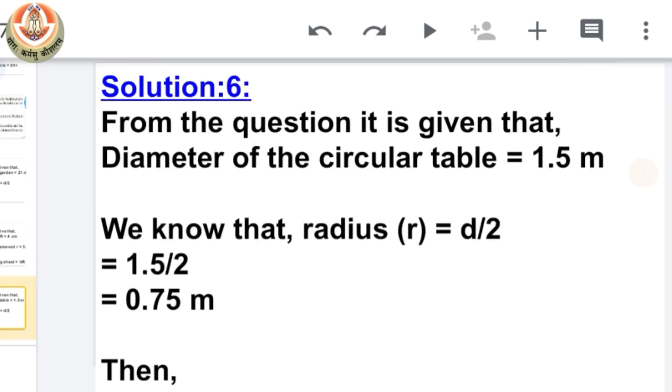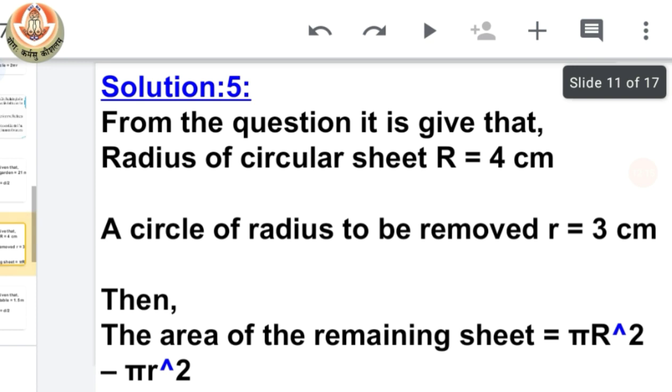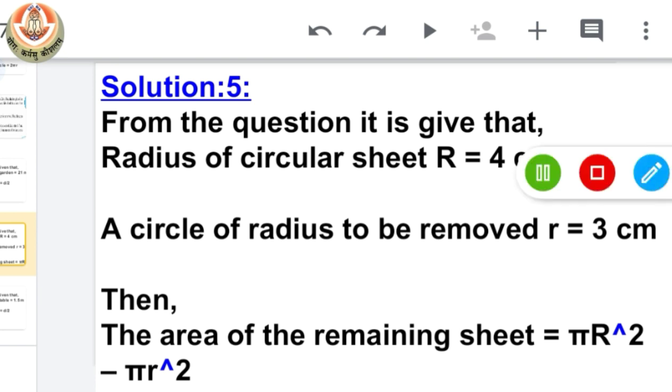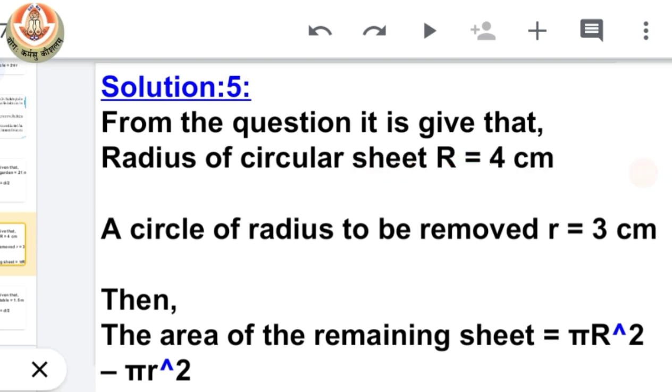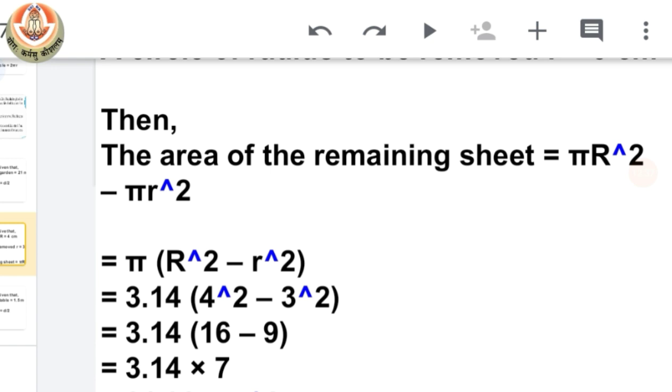So from the question, question number 5, it is given that the radius of the circular sheet, that is the bigger one, is 4 centimeter and the radius of the circle which is removed from its inner portion is 3 centimeter. So the area of the remaining sheet will be what?